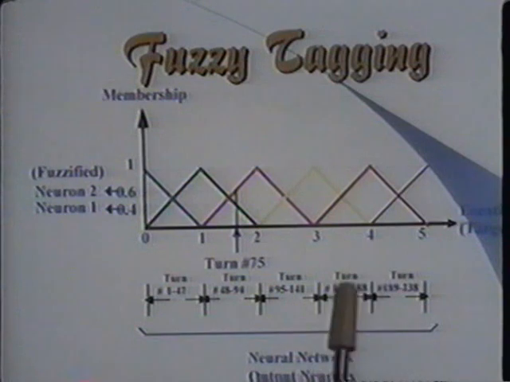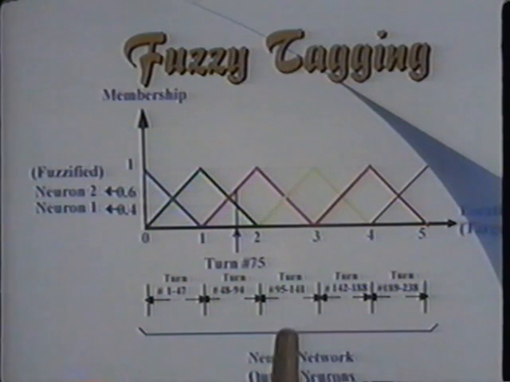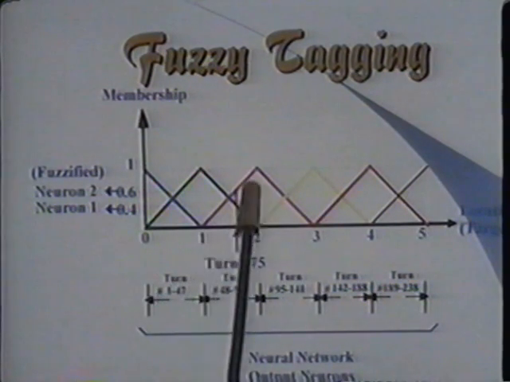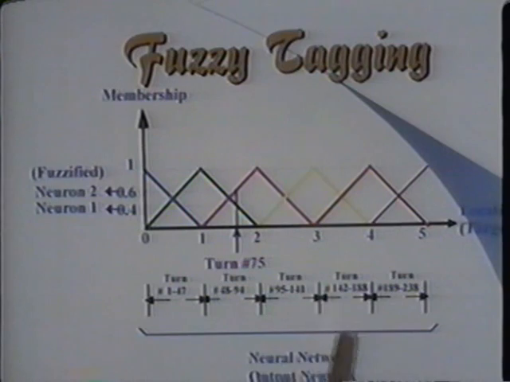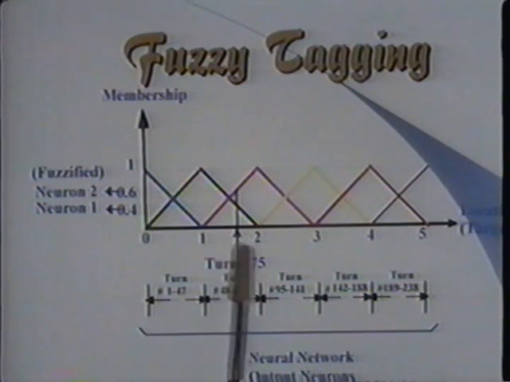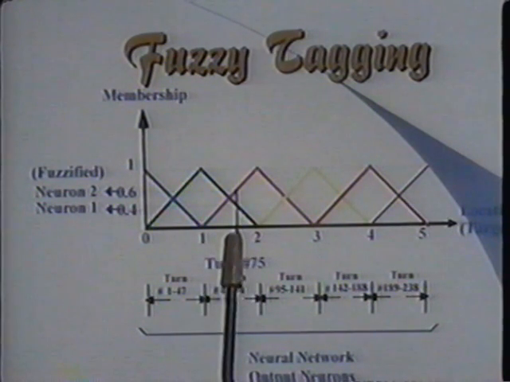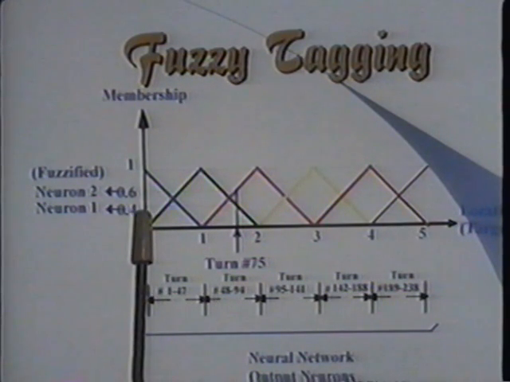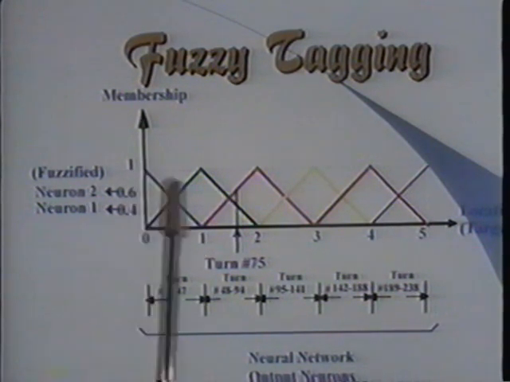So instead of giving a crisp output for each turn, we give a fuzzified output. This is called a membership function. In a situation like this, assume that we have a short in turn number 75. Neuron number 1 will have this value here, which is 0.4 of the peak, assuming that the peak is 1.